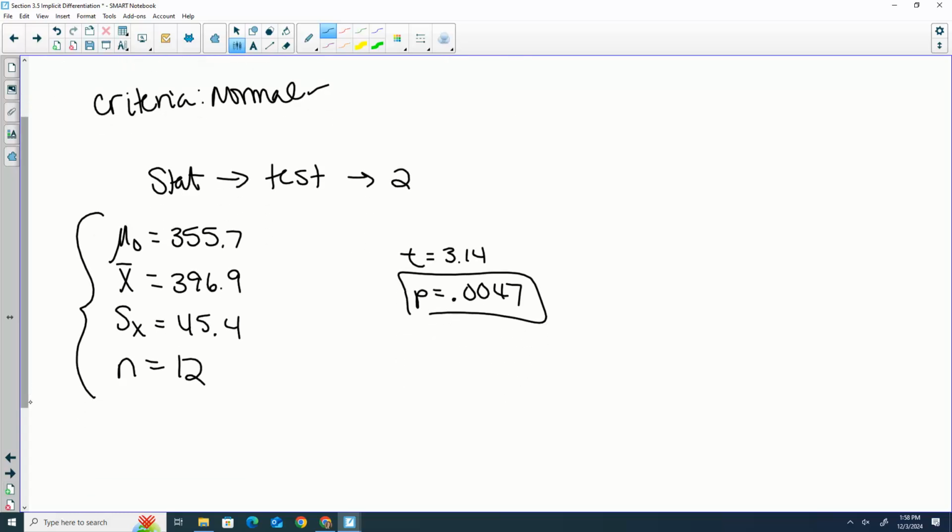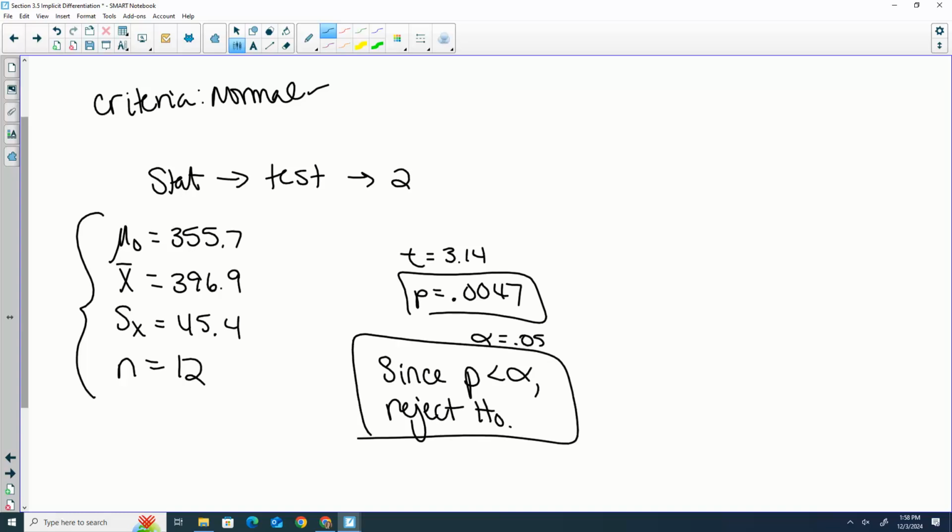Reject or fail to reject. So alpha is 0.05. So our probability is less than alpha, which means we reject. Anytime the probability is smaller than your alpha, we reject.